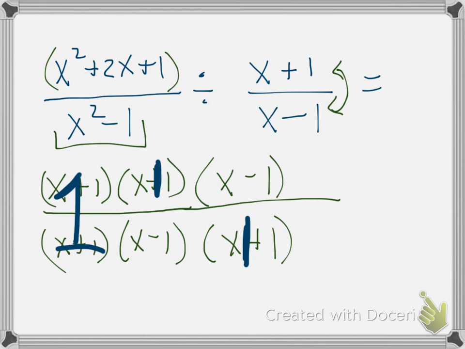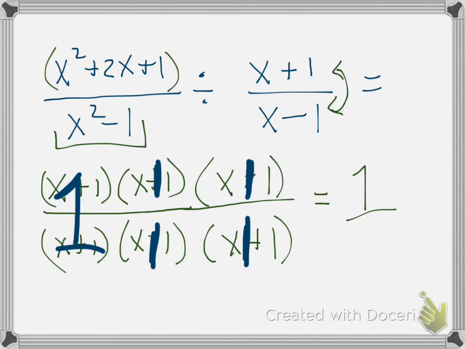This one and that one become a 1, and x minus 1 and x minus 1 become a 1. And the question then is, what is the answer? Do we think the answer is 12? No. If we look at this, we've got all kinds of 1s, and if we're multiplying all kinds of 1s together, it equals 1. Very good.